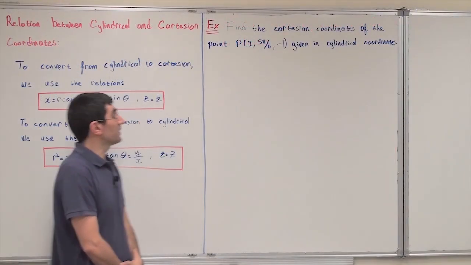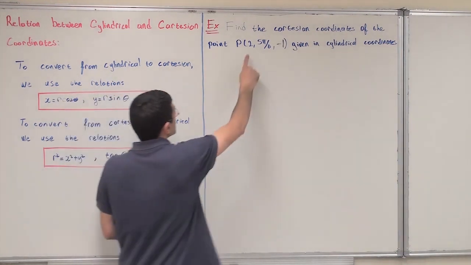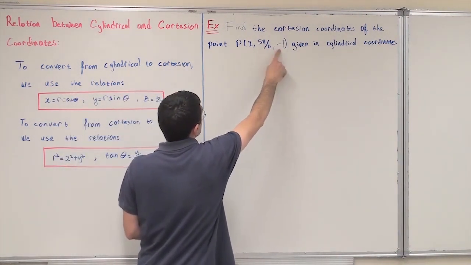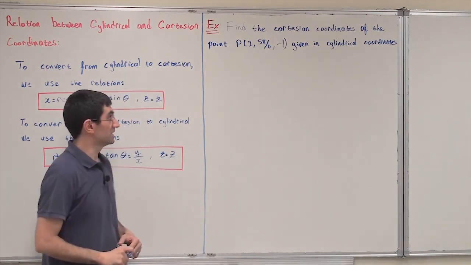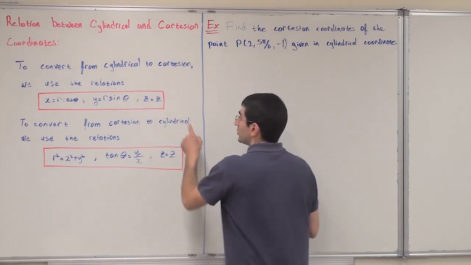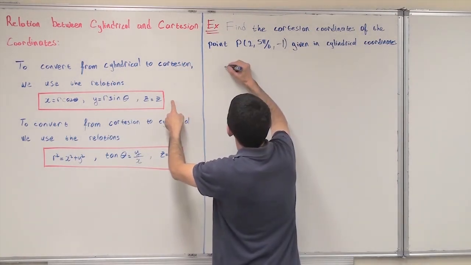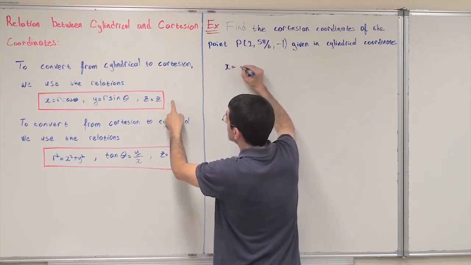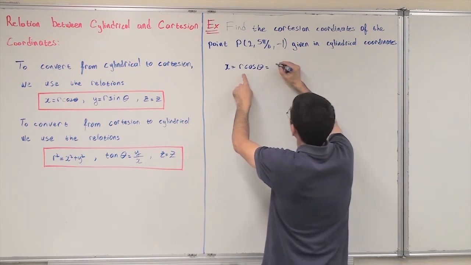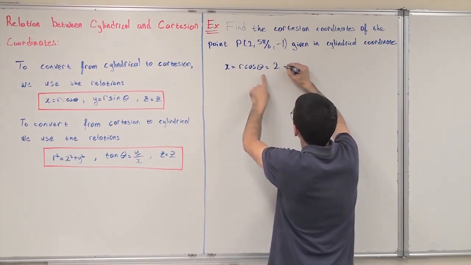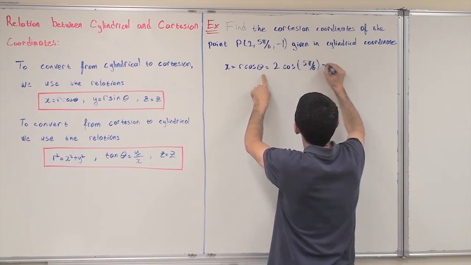In this exercise, we are given a point in cylindrical coordinates. The point P is (2, 5 pi over 6, -1), and we'd like to find its Cartesian coordinates. So, we are going to use the first set of relations. x is equal to r cosine theta, and r is 2, and theta is 5 pi over 6.